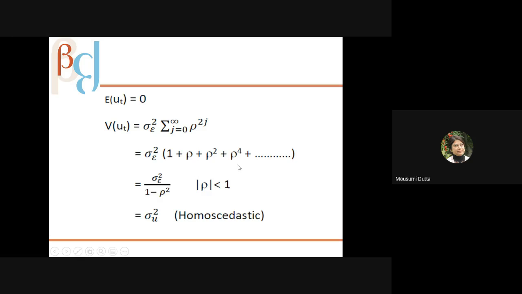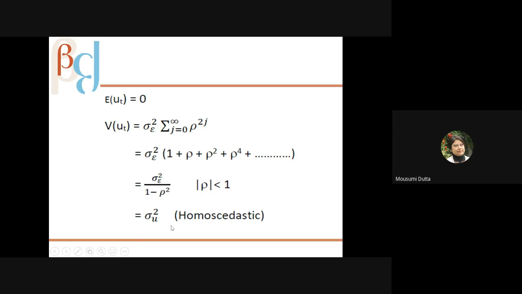So you are getting a GP series. This can be presented as sigma epsilon square into 1 by 1 minus rho square. Now rho is a mathematical constant, and its value will be something less than 1. So it is a constant.